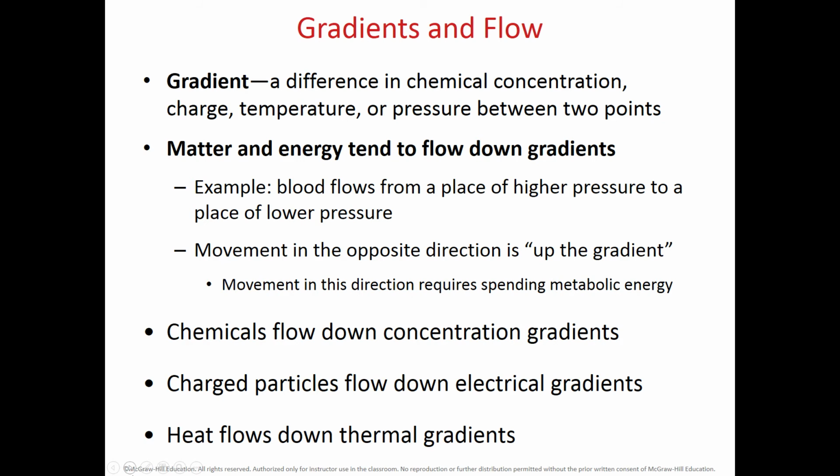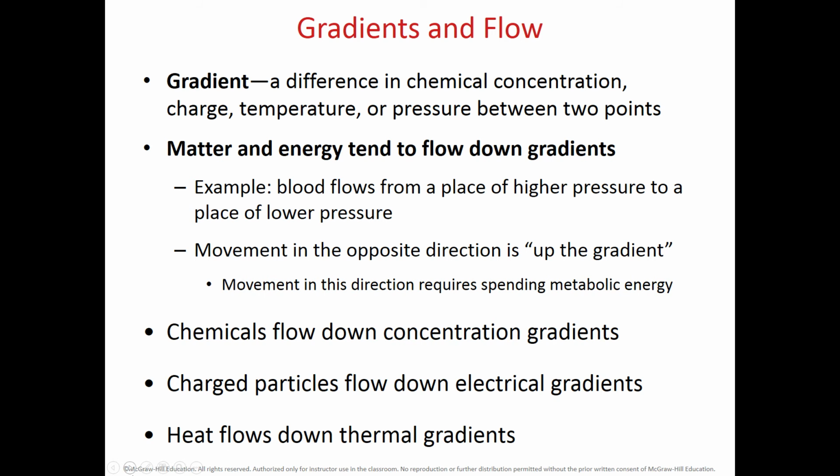Usually, substances, charges, temperature, and pressure will flow from an area of high concentration to low concentration. And we have examples. Matter and energy tend to flow down their concentration gradient. So the blood will flow from an area of high pressure to low pressure.